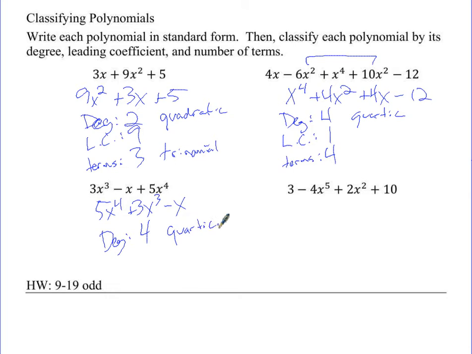And then leading coefficient is 5. And then the terms? There are 3. Do I have a special word for that? Trinomial. Good. So that's a quartic trinomial.